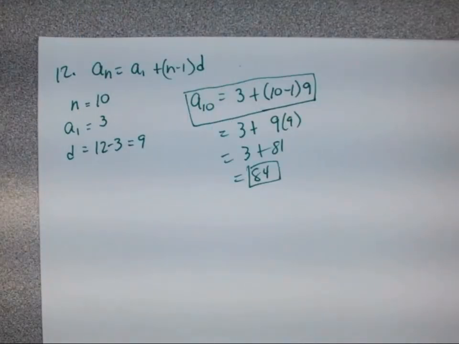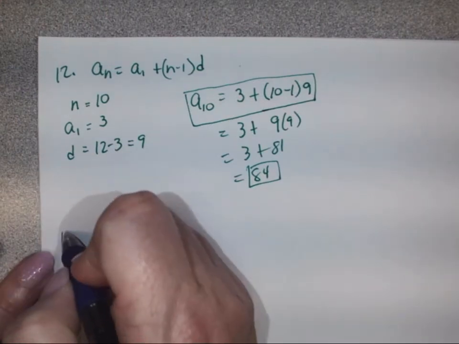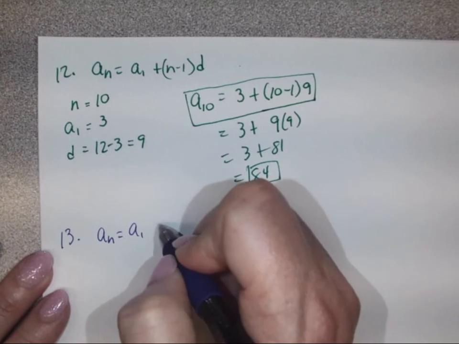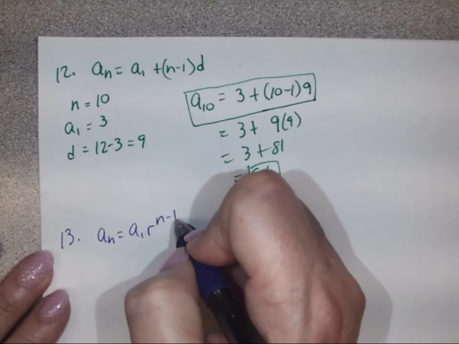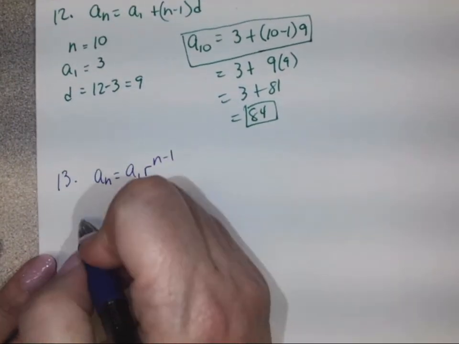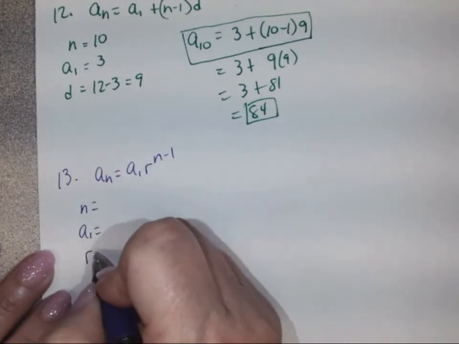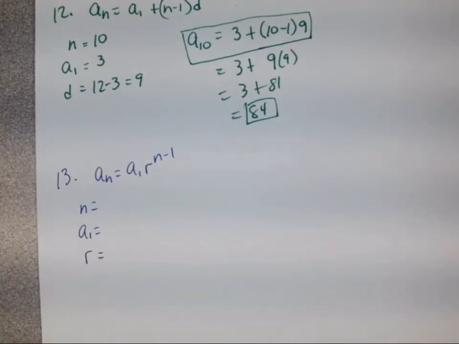So for our geometric sequence, our a sub n is equal to a sub 1 times r to the n minus 1. So we need to know what n is, what a sub 1 is, and what r is.